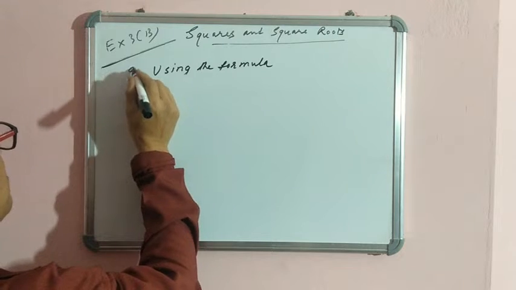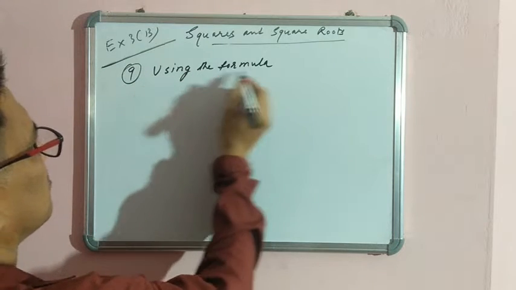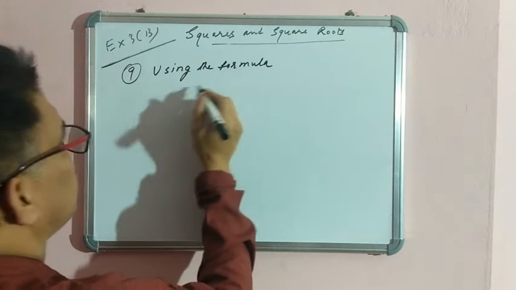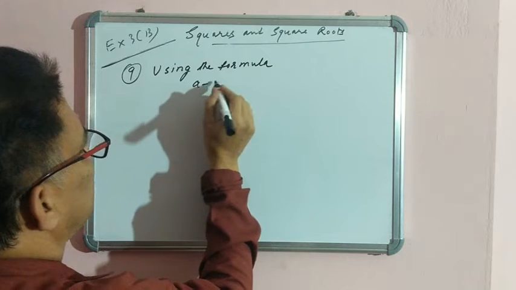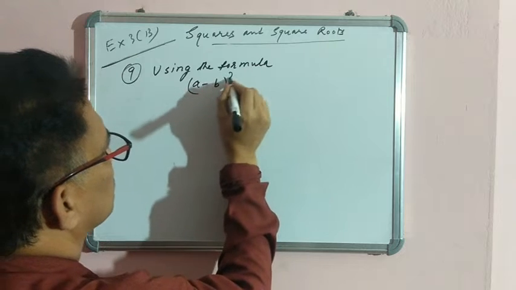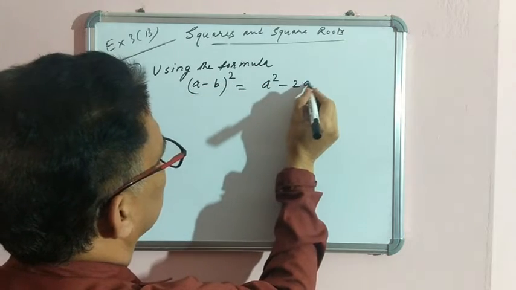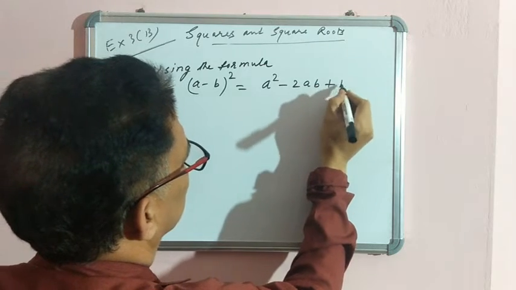Now question number 9 is there, using the formula a minus b whole square. A minus b whole square is equal to a square minus 2ab plus b square.